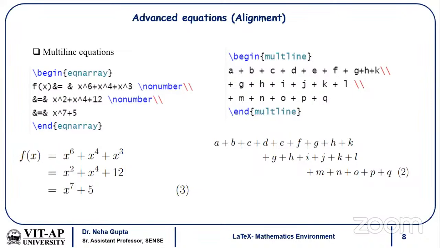It will extend beyond the first column. So for that purpose, we have the splitting of the equations. For that, we can use the command multi-line. Okay, so in place of equation array, now we are writing here multi-line.